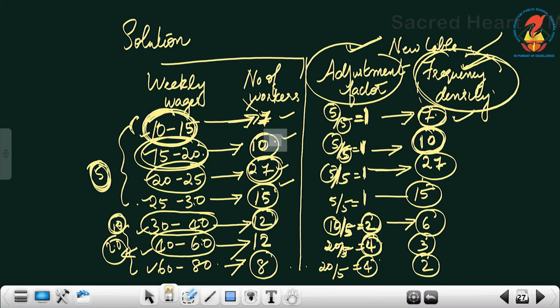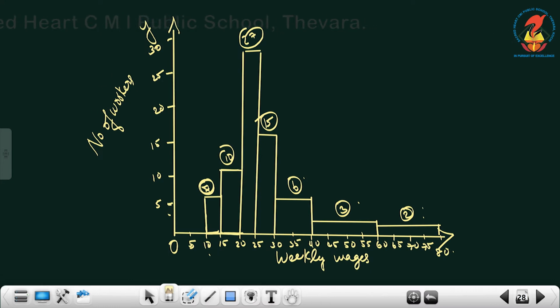Okay, not the exact frequency but the new frequency density. Here the values remain the same because your adjustment factor is 1 till the class interval 25 to 30. Okay, so we have marked it as 10. Then comes 20 to 25, it is 27, 25 to 30, again 15.